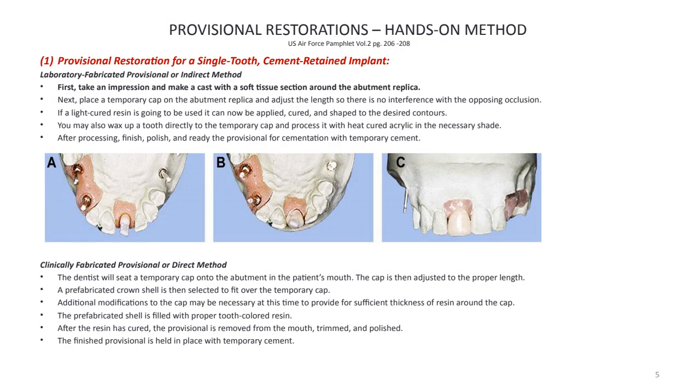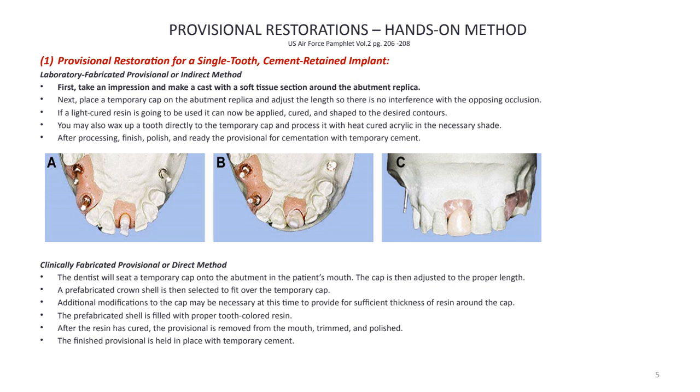There are many methods of doing the hands-on provisional restorations. So we're going to go through some of them as described in the U.S. Air Force Manual. Provisional restoration for a single tooth, cement retained implant.